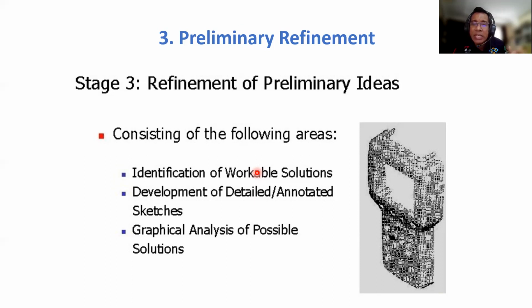Soft models are typically made in full scale using foam, using cardboard. They are a second, faster method in this process.